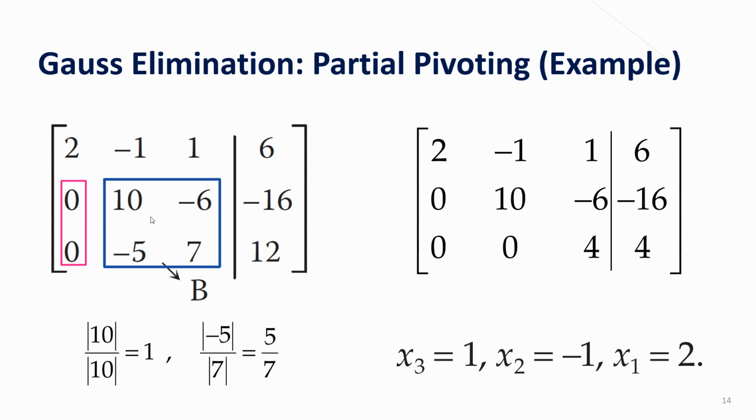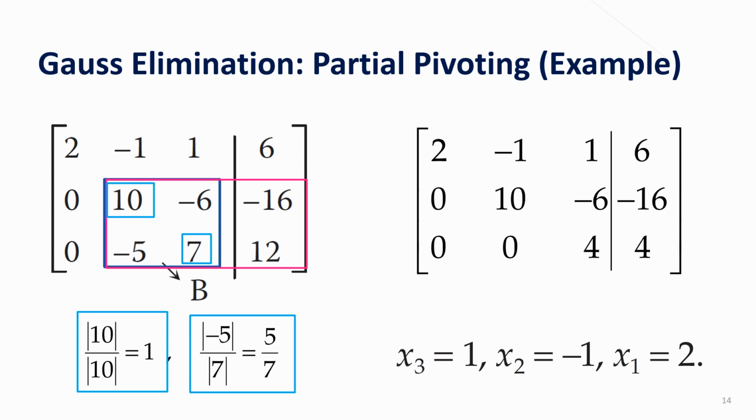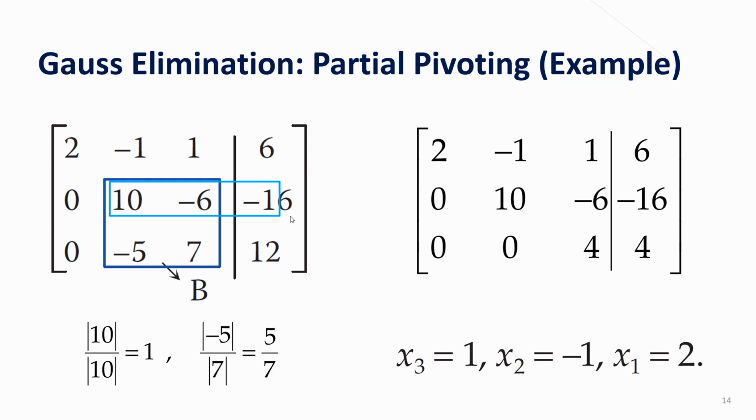It means that later on you just need to work on this part, and then you identify again which one is the M here, this one is the M here, and for this one is the M here. So the ratio you calculate is 10 divided by 10, and then here -5 divided by 7.